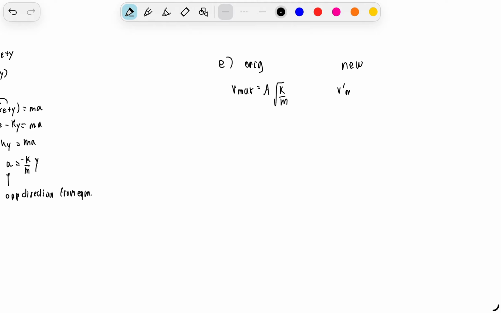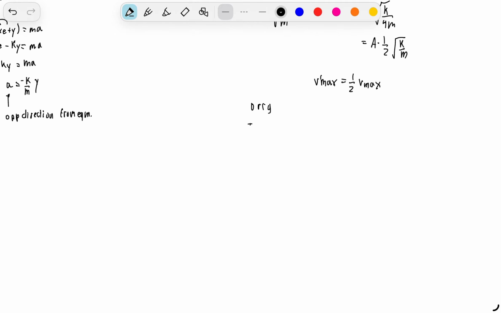Now we have 4 times our m. So the ratio is 1/2 of v_max for v new.